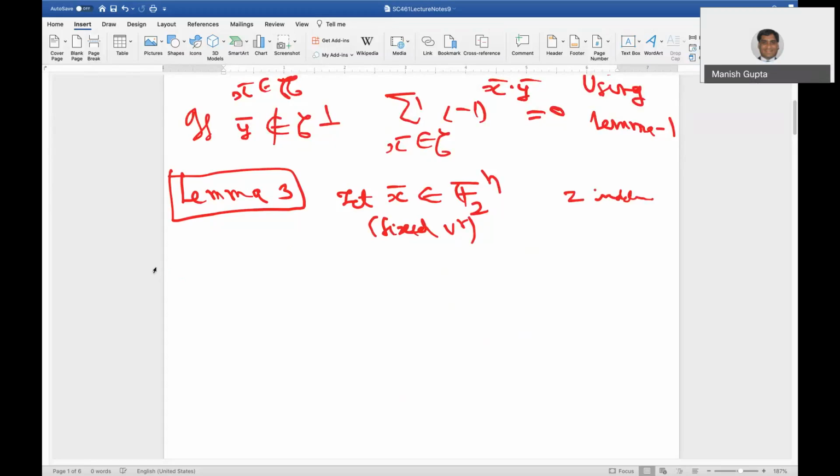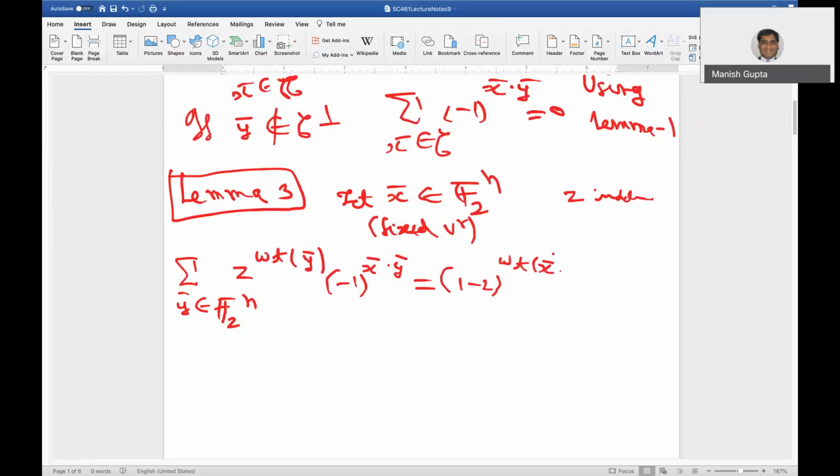We have summation y belongs to F2 to the n, Z raised to power weight of y times minus 1 raised to power x dot y is equal to 1 minus z raised to power weight of x times 1 plus z raised to power n minus weight of x.